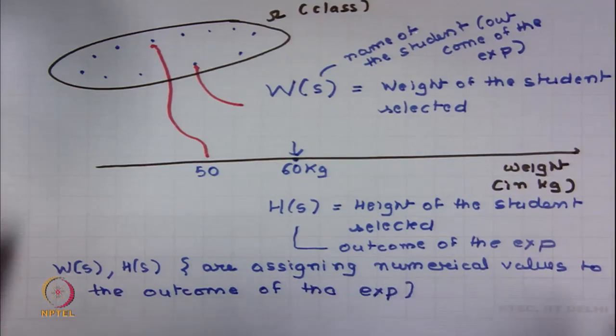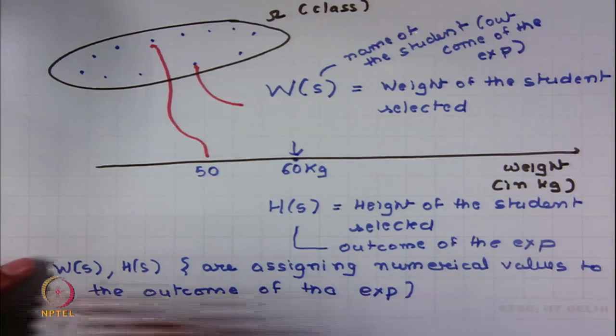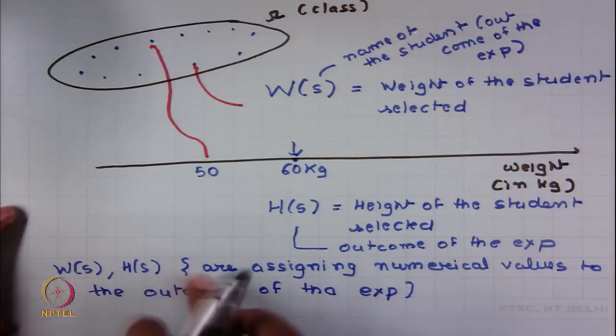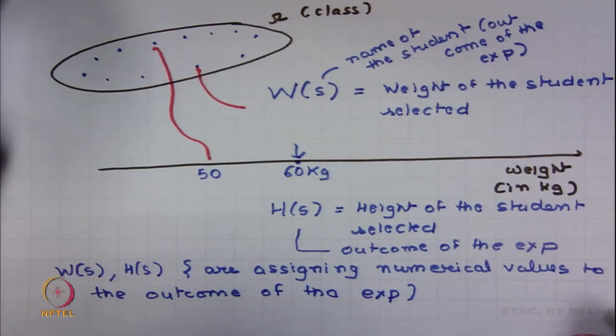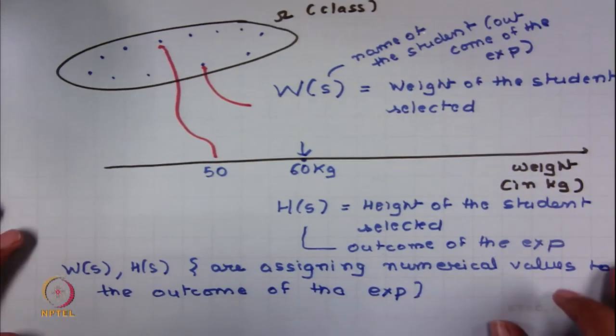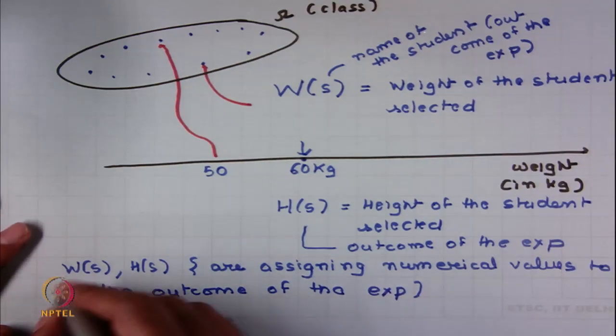Okay. And interestingly, both these functions, or any function which assigns a numerical value to the outcome of the experiment, is known as a random variable.